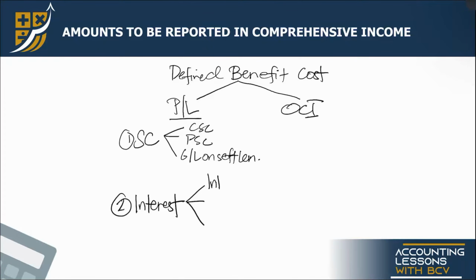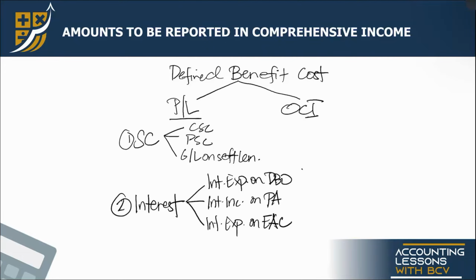Meron tayong interest expense on defined benefit obligation, meron tayong interest income on plan assets, meron tayong interest expense on effect of asset ceiling. Okay? All interest expense are positive while interest income will be negative. Kasi nga, cost ang pinag-uusapan natin.